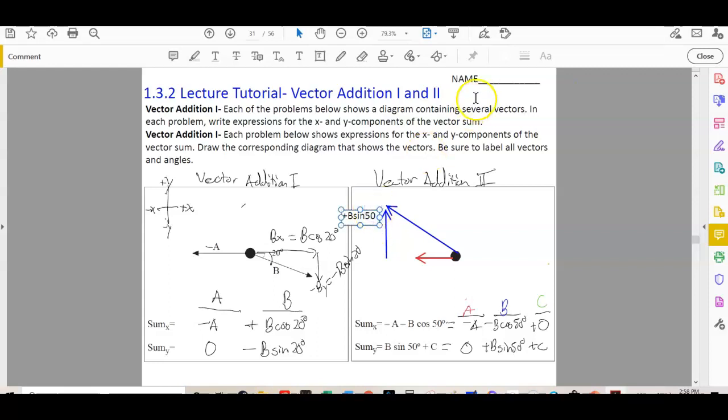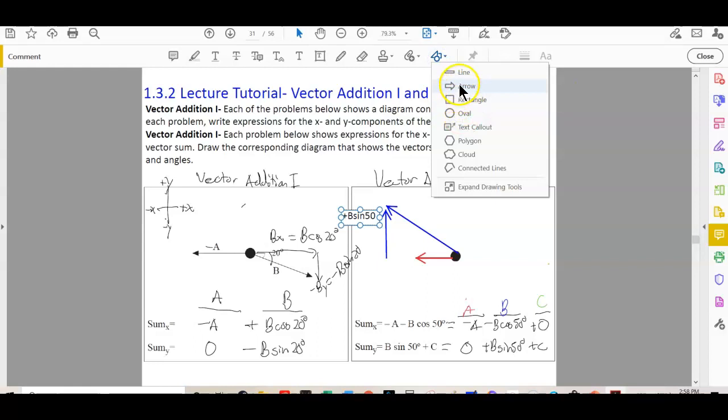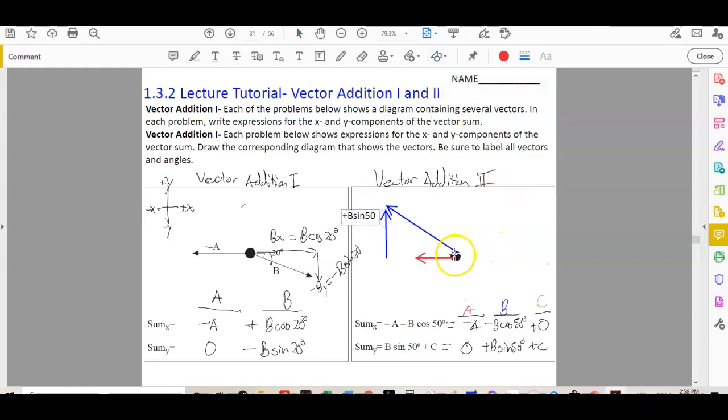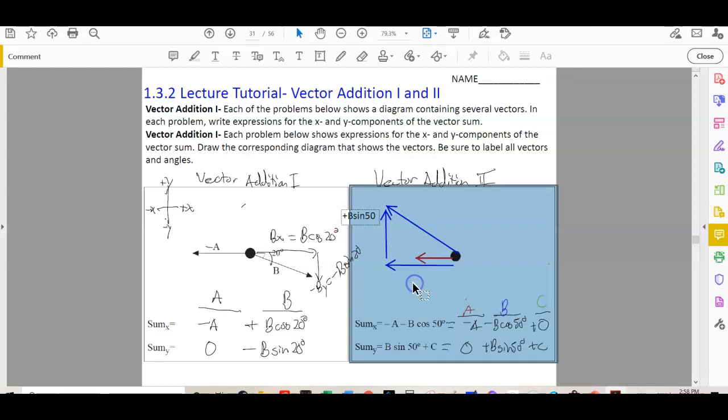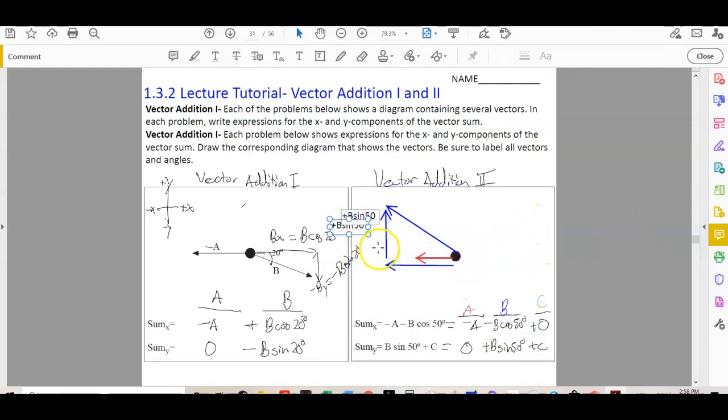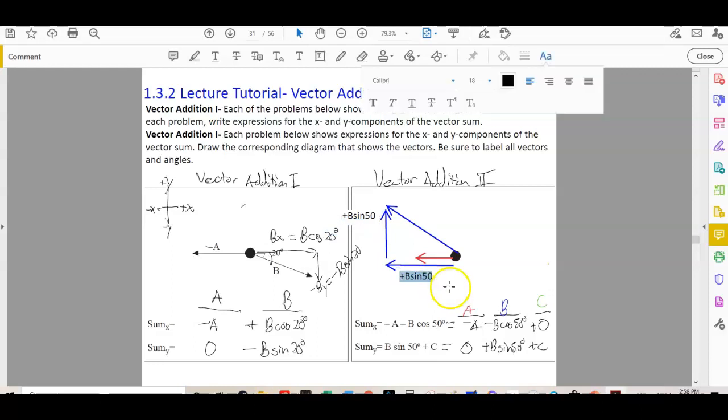And the x direction component, and I'm just drawing the component vectors for this, is going to be negative b cosine of 50 degrees.